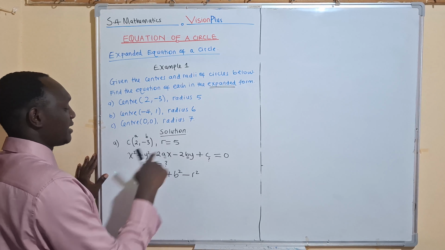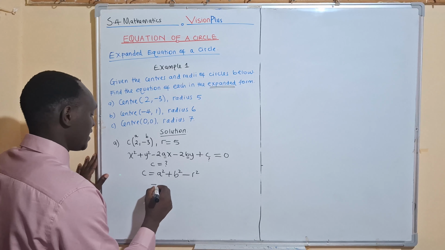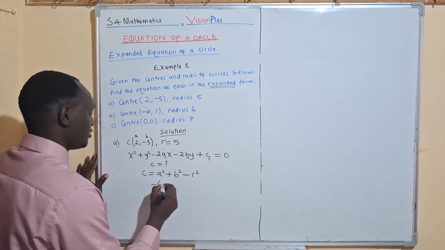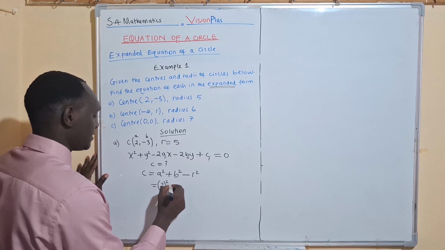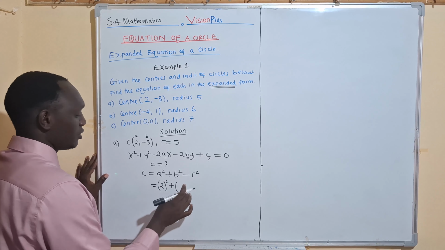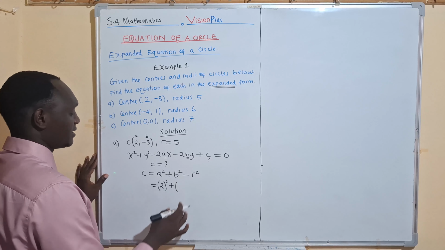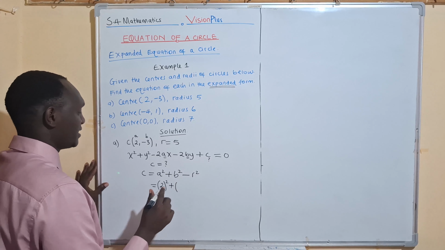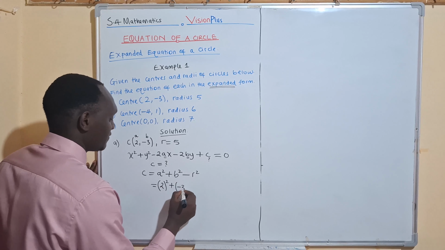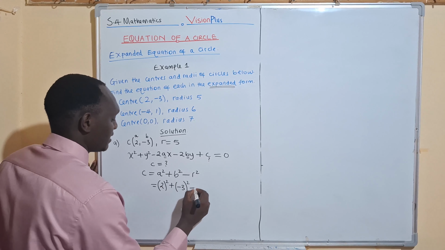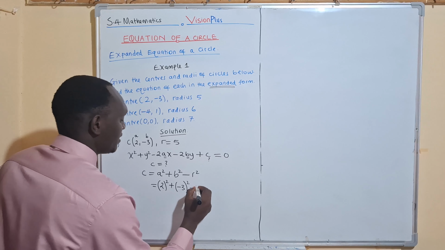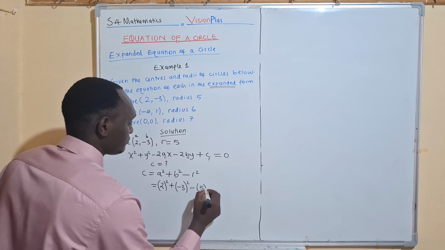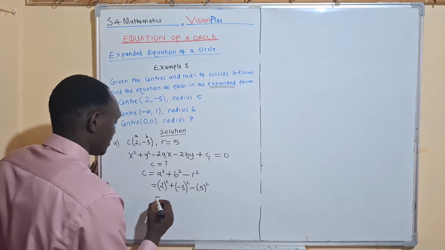That means here our c becomes, what is a? A is 2 squared plus, what is b? Put them in the brackets so that we don't make errors in terms of signs. B is (-3) squared, and then minus r. What is r? R is 5 squared. And then you use the calculator.